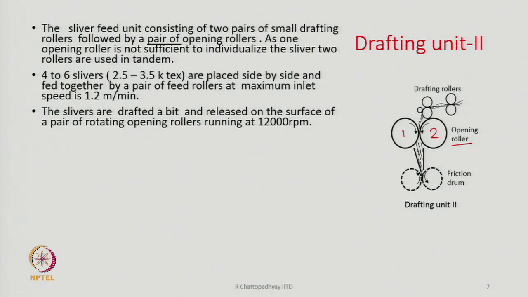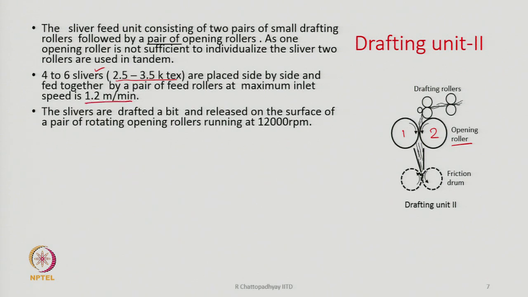We are feeding 4 to 6 slivers. Slivers individually are not very thick, they are 2.5 to 3.5 kilotex, and they are fed normally at a slow speed. The typical maximum speed is 1.2 meters per minute.